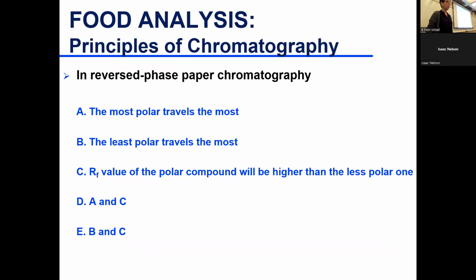All right, let's check your memory a little bit. In reverse phase paper chromatography, the most polar travels the most. The least polar travels the most. The RF value of the polar compound will be higher than the less polar one. Think about it, all of you.